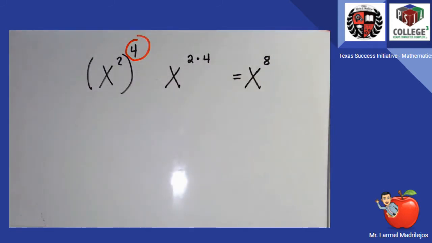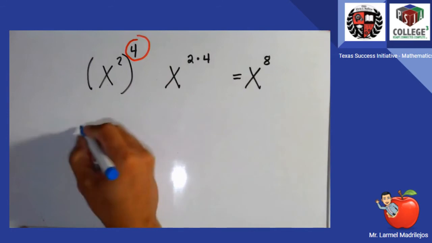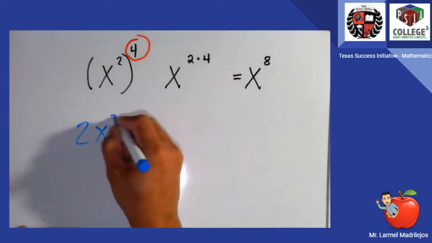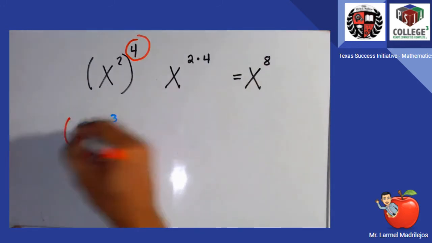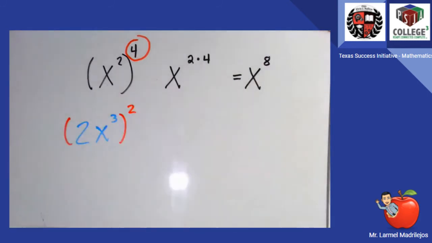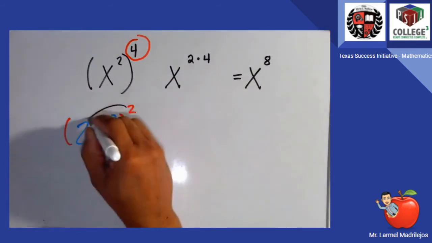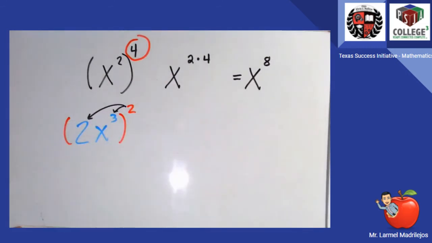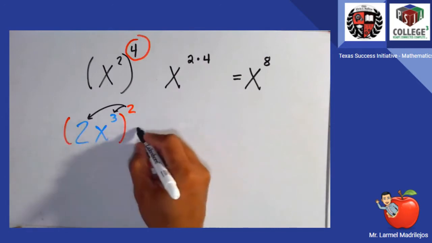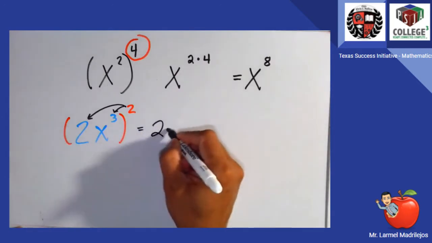Let's do another example here: 2x raised to 3, raised to 2. It's also the power rule, but we're going to distribute the 2 to the coefficient and to the exponent. So this number here means 2 times 2.